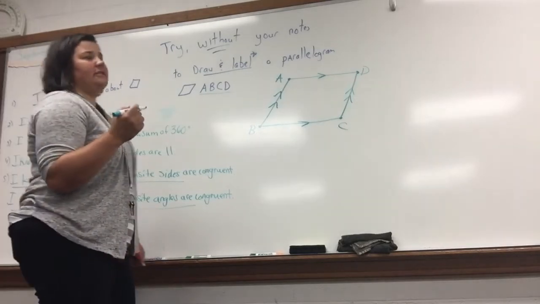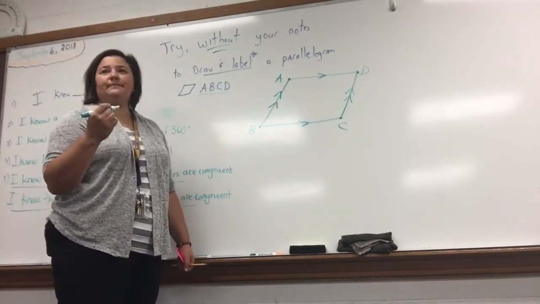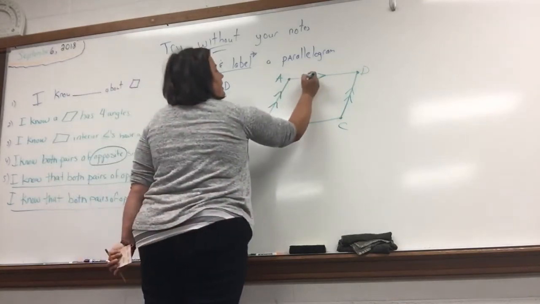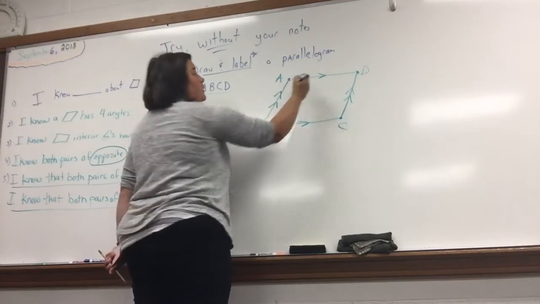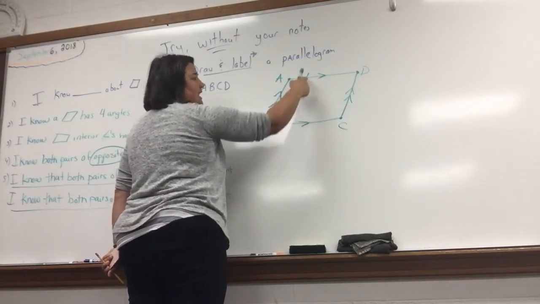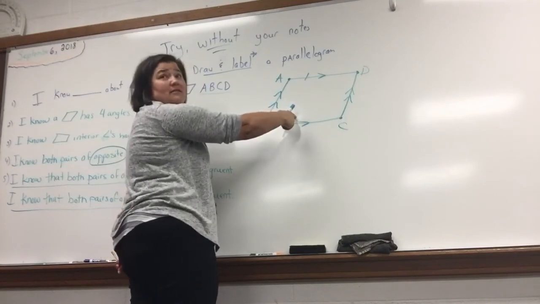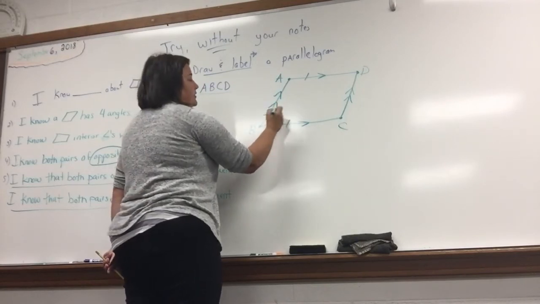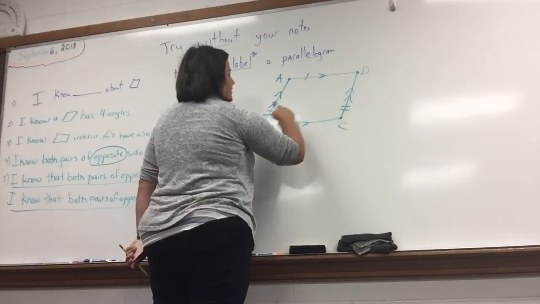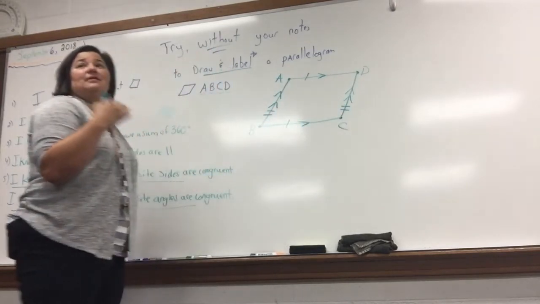What are the tick marks going to tell us? The opposite sides are equal with each other. Okay, so similar to what Owen did, we're going to put one tick mark here, one tick mark here, so opposite sides are congruent, they're the same length. We'll put two tick marks here, two tick marks here, so opposite sides are congruent, they're the same length.